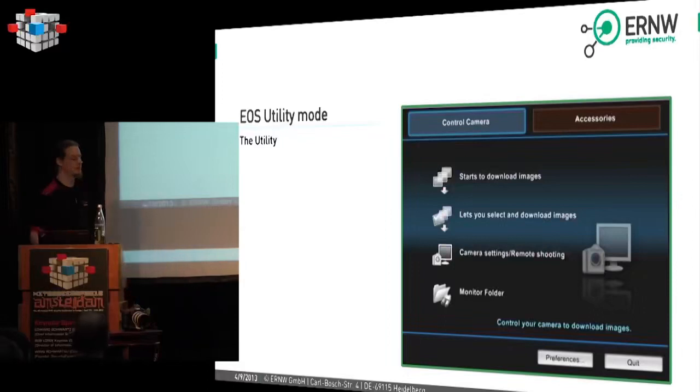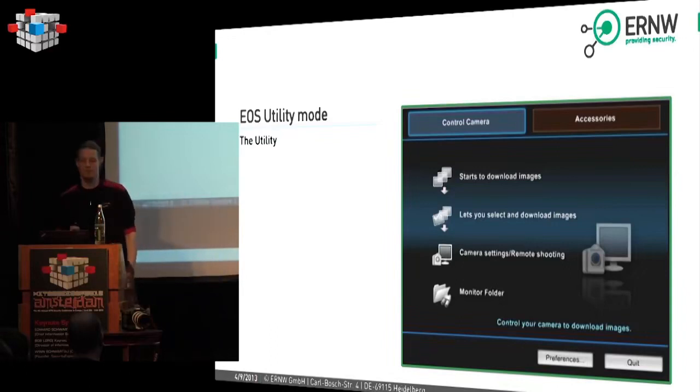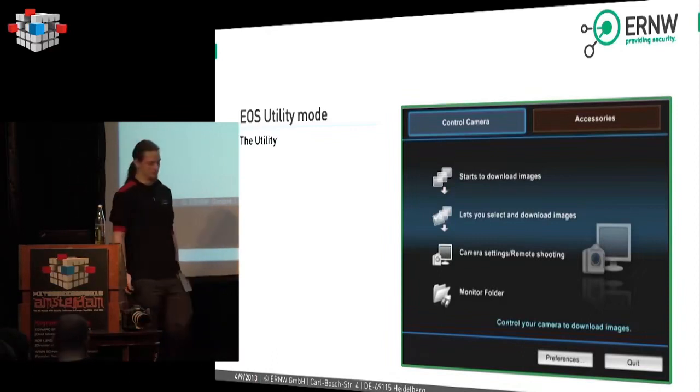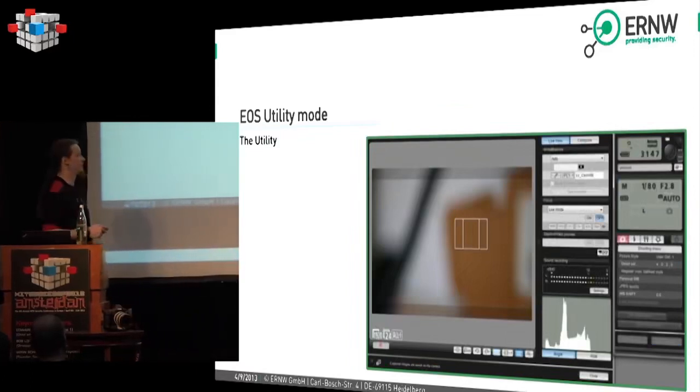Okay, here's a screenshot of the EOS Utility. That's a tool you install on your Windows or Mac PC to remotely control the camera. So you can download images, you can go into the remote shooting stuff. This is what the remote control of the camera looks like.